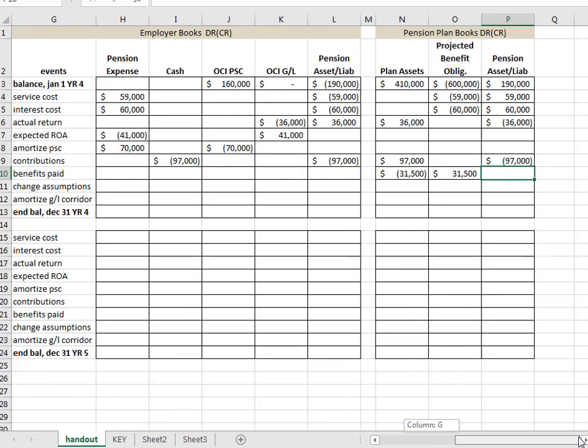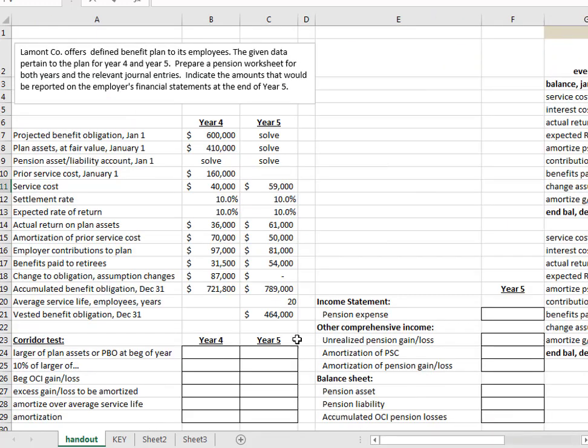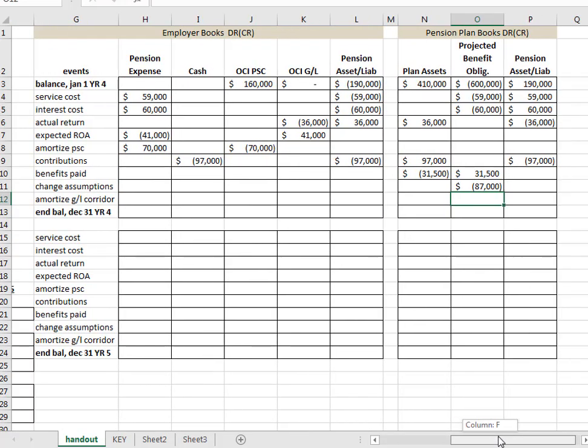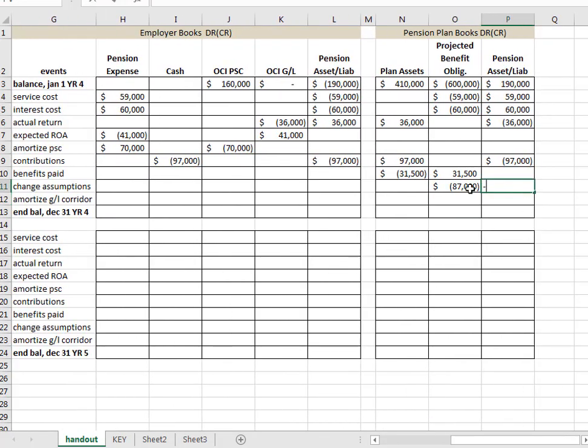Yes. All right, so let's increase the liability by that. It could be more clear that this is an increase. It just says changed obligation. It doesn't say increased obligation, so this could be a little bit more clear on that matter, since it can go either way.